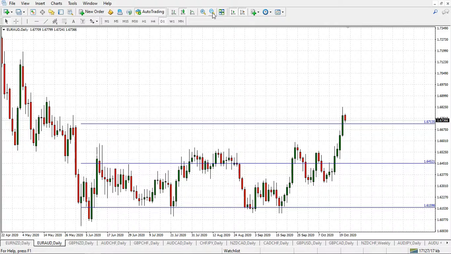That breakout that we've just talked about as being false might end up not being false, right? Might actually end up being genuine. These are all speculations we're dealing with here, and nothing is really 100% bulletproof. But anyway, that's our take on the Euro Aussie and on the Euro New Zealand dollar.